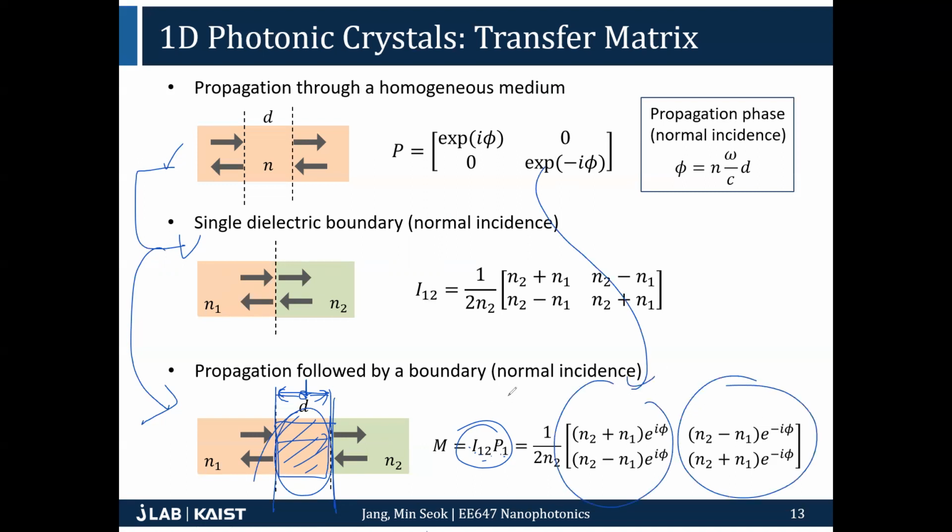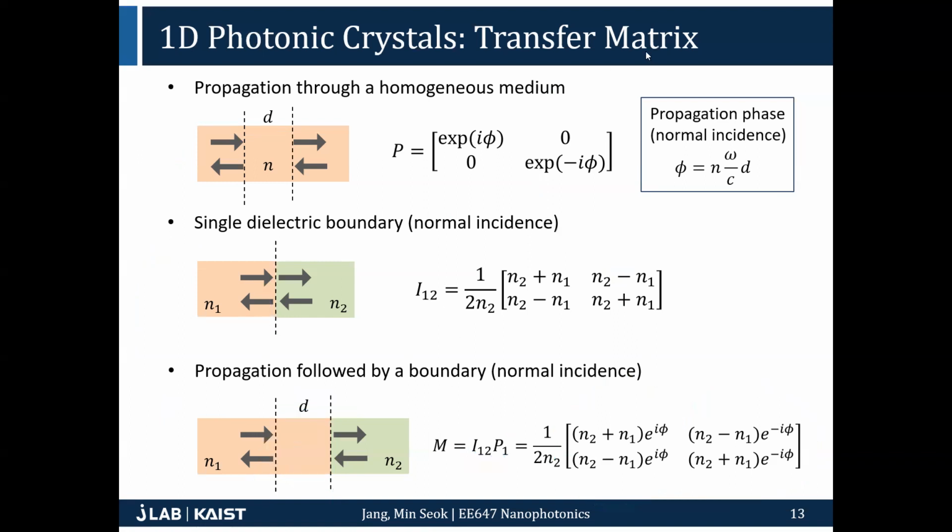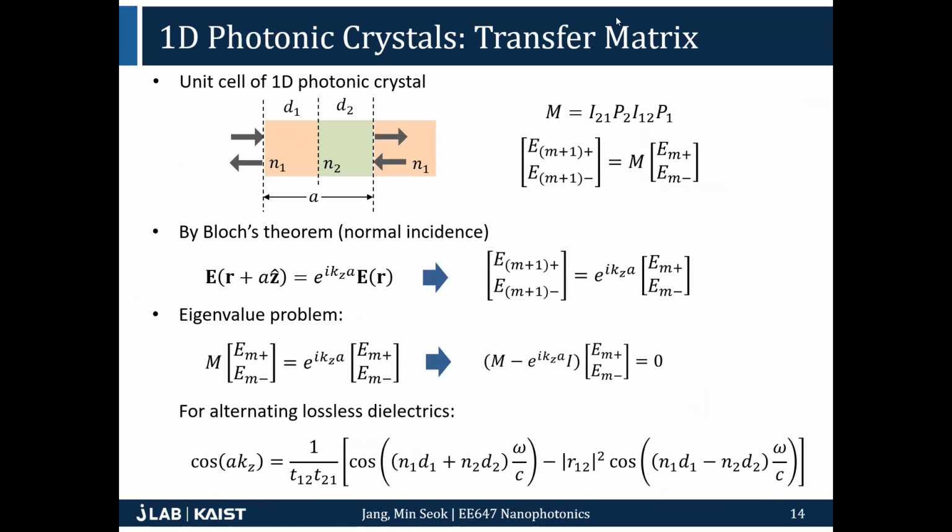And then we can easily do it, right? If you imagine solving this problem from scratch, it's a little more complicated, but because we already solved for propagation and boundary separately, all we need to do is combine the partial solutions. So what's next? We can just keep doing that. Now we have N1, N2, N1, N2 in this case, and our region of interest is this.